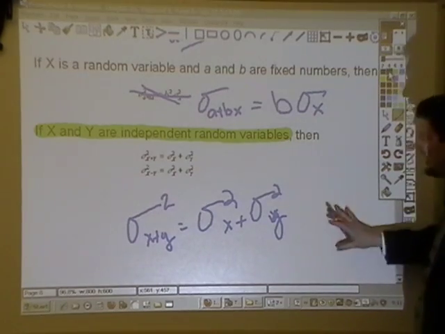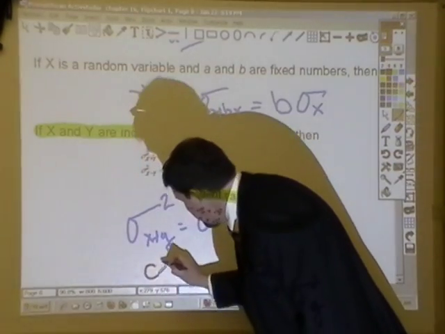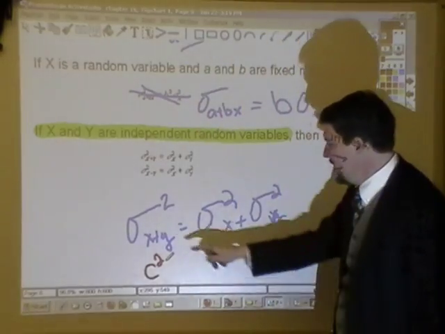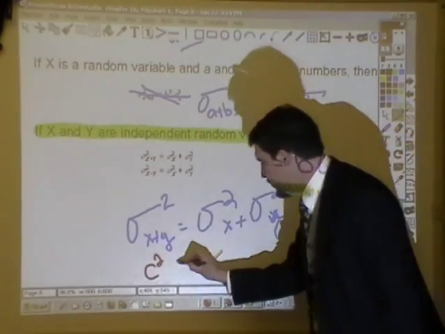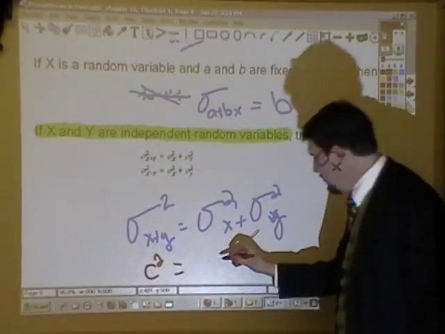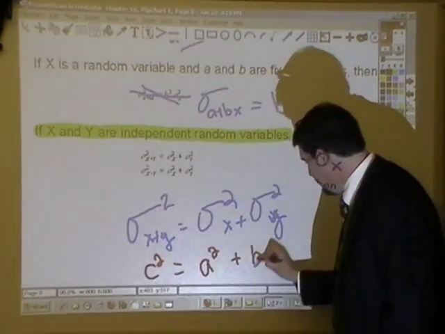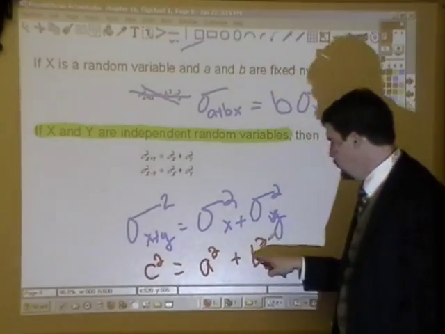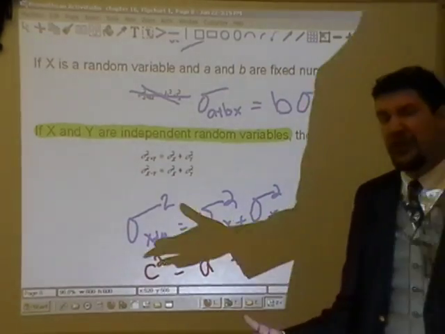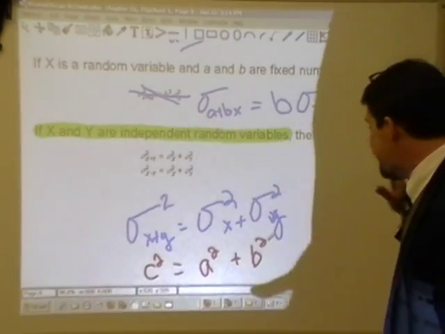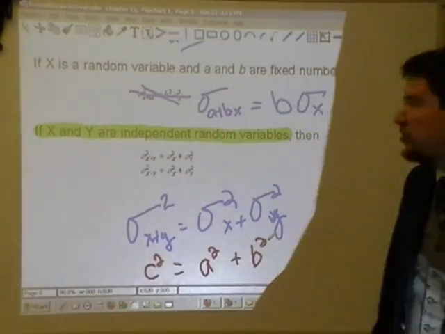If this looks really familiar, it should. If I change the variance of X plus Y to C squared, make X an A squared, and make Y a B squared, I get C squared equals A squared plus B squared. It looks like the Pythagorean theorem, and in a respect it is.